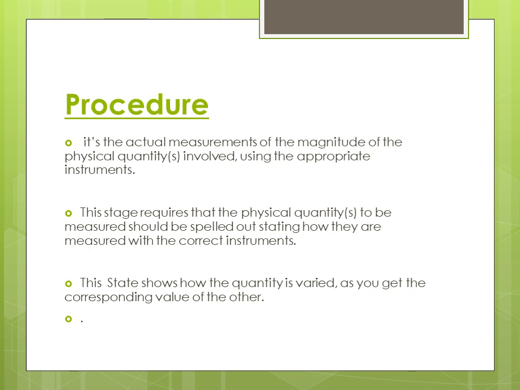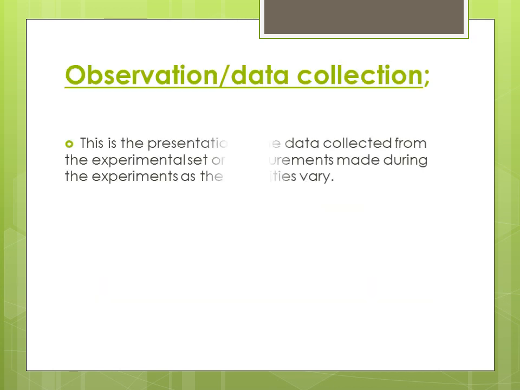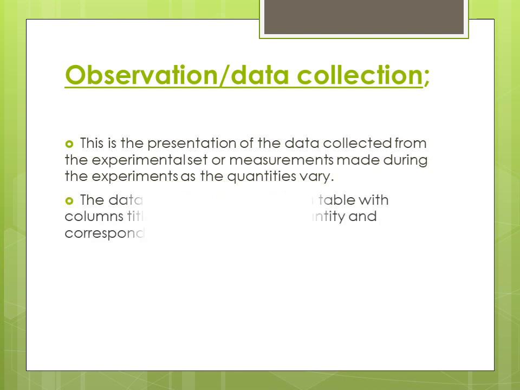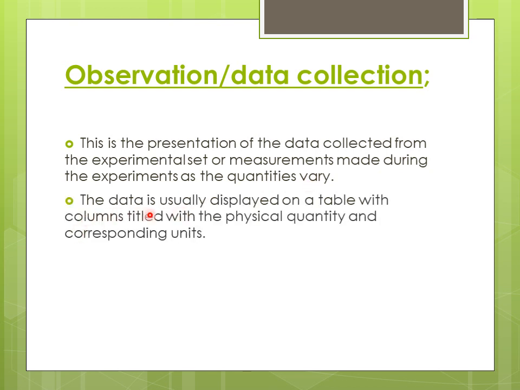Observation and data collection. This is the presentation of the data collected from the experimental setup or measurements made during the experiment as the quantities vary. The data is usually displayed in a table with columns titled with the physical quantity and corresponding units.